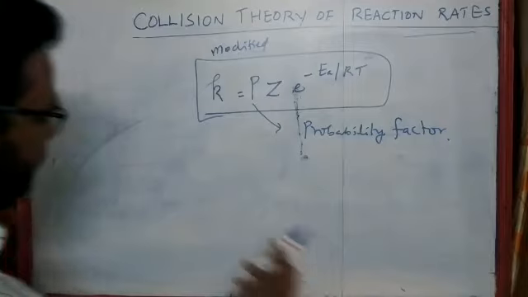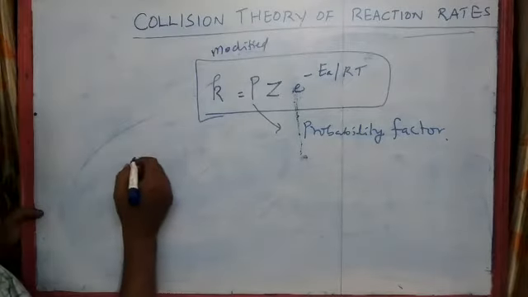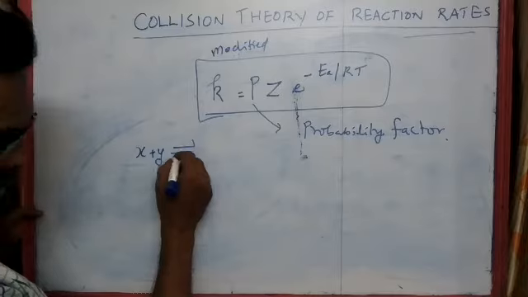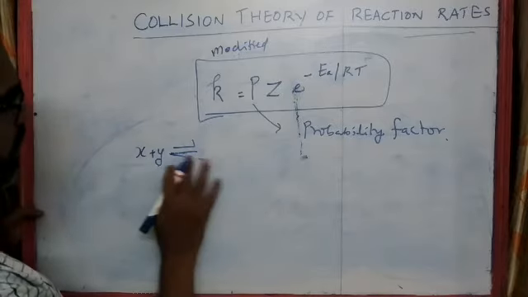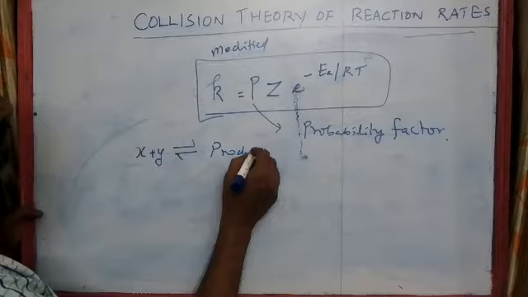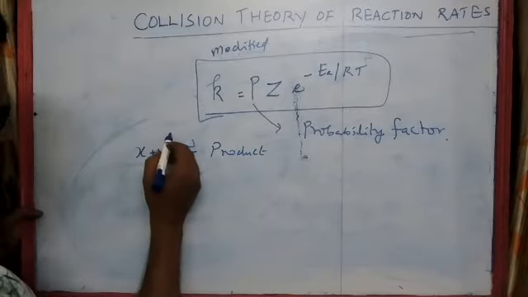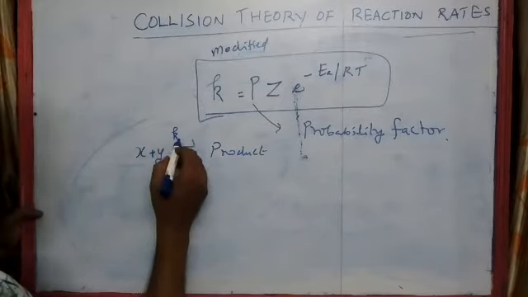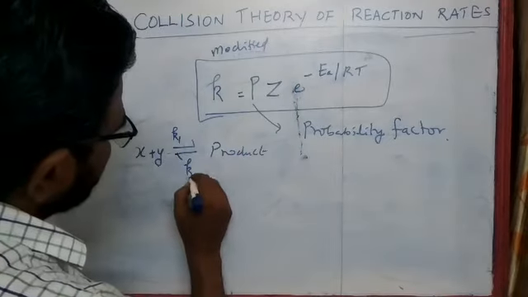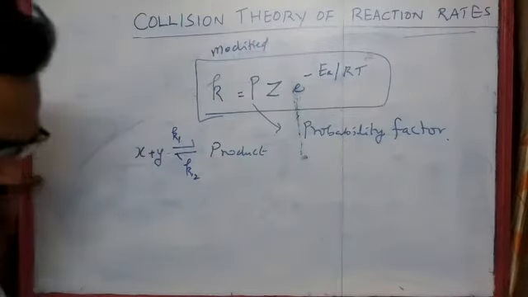Say in the case of a reversible reaction, X plus Y reacts to give you products. The rate constant of the forward reaction is K1 and the rate constant of the backward reaction is K2.